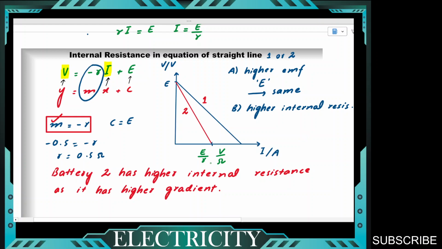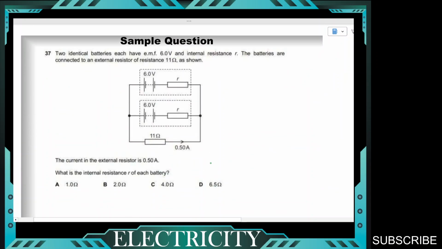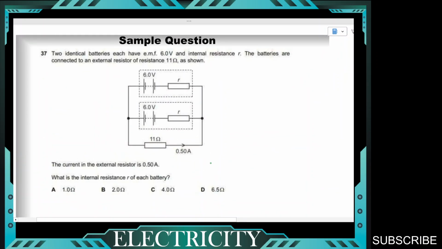Let's move on to the next page. And here we have a sample question. Two identical batteries. Okay, the circuit diagram is here. What is the internal resistance R of each battery? That needs to be found out, the internal resistance.